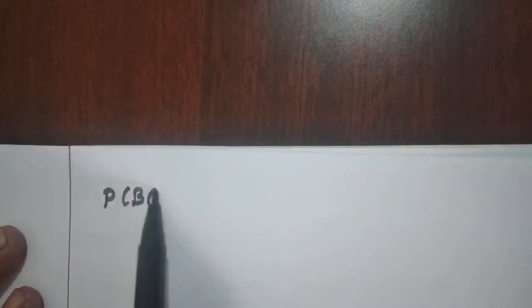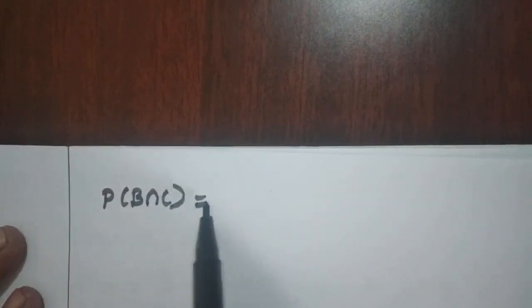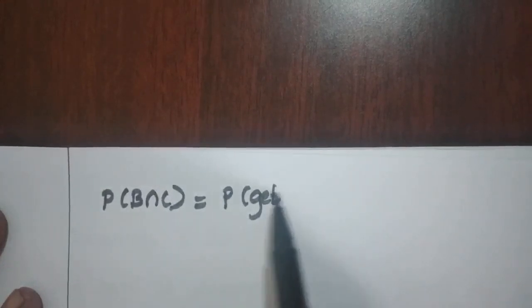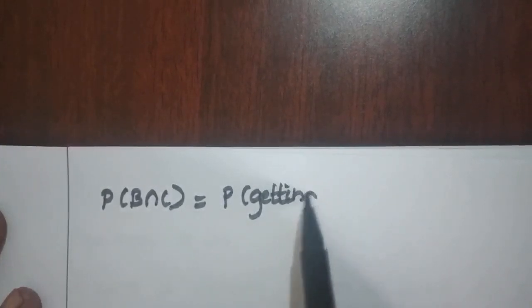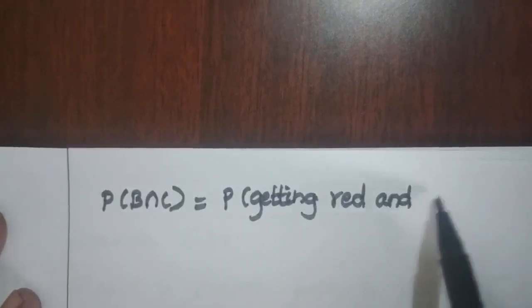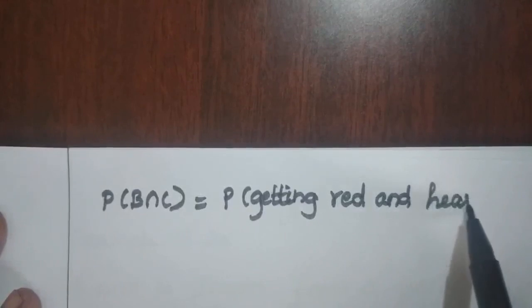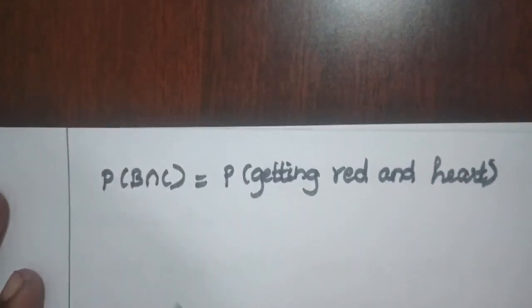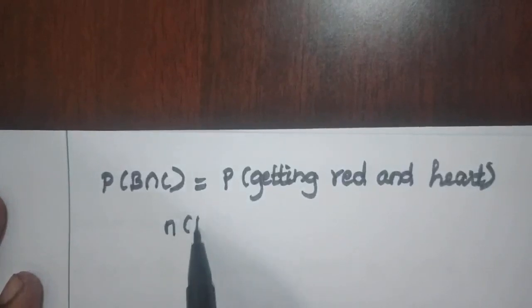Next we have to find P of B intersection C, which is nothing but the probability of getting red and heart. Then what is this n of B intersection C?